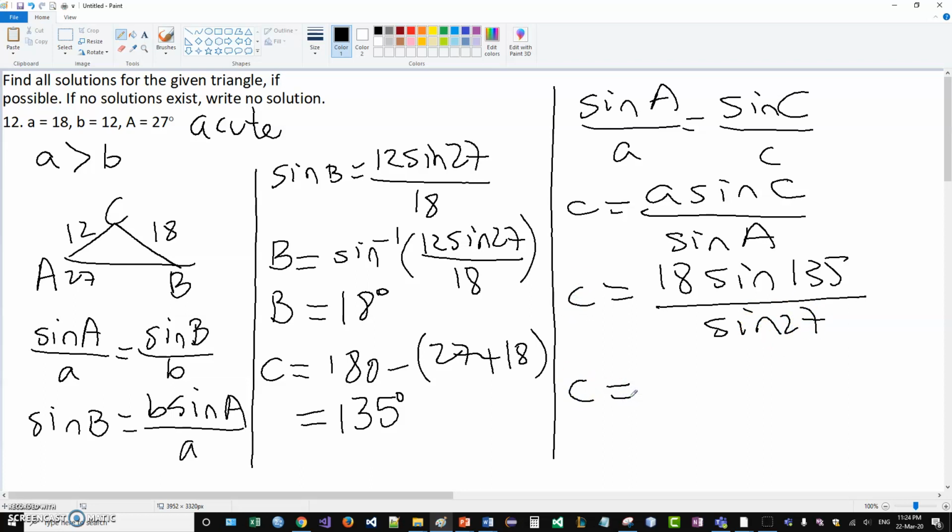C will be close to 28 when rounded. Alright, so that's it for this example. Please pause the video and try to make sense of what we did here.